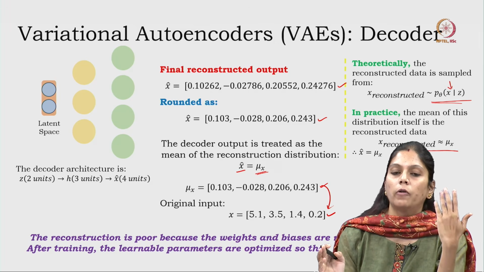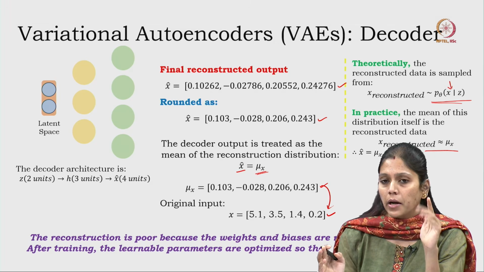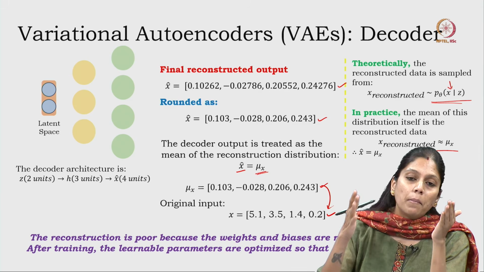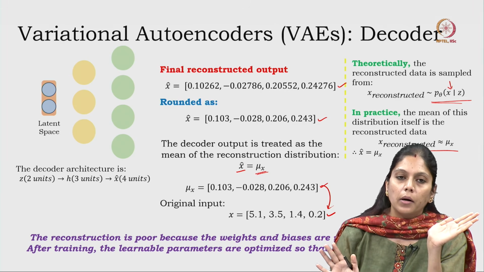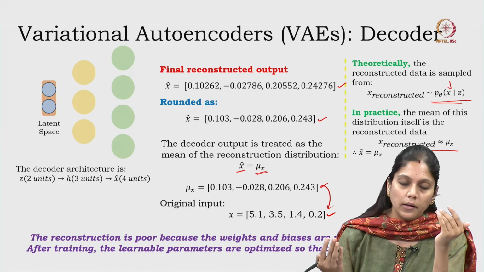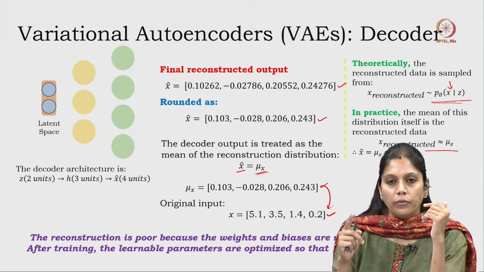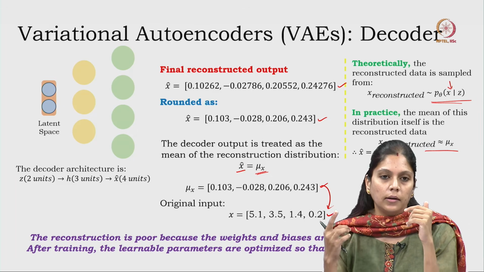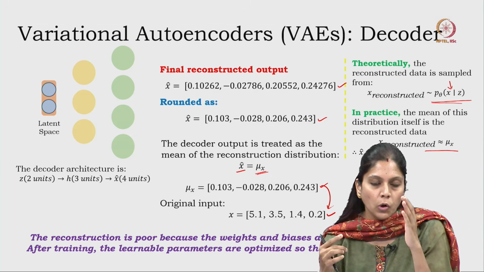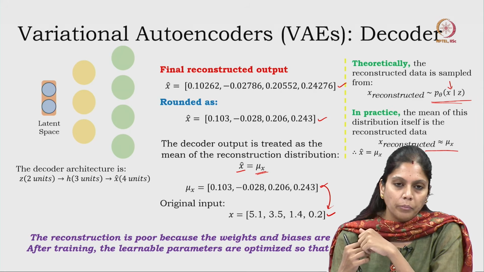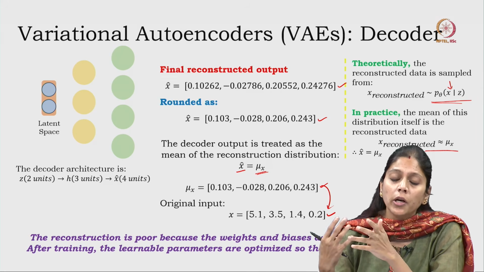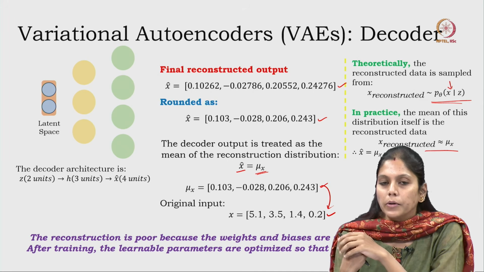Then we passed Z on, and we have seen that for the same input you can get multiple sampled Z values. Why? Because we take a constant from that particular distribution, from the standard deviation.